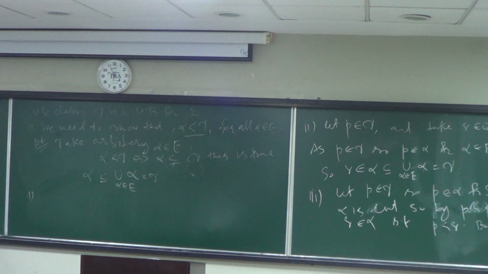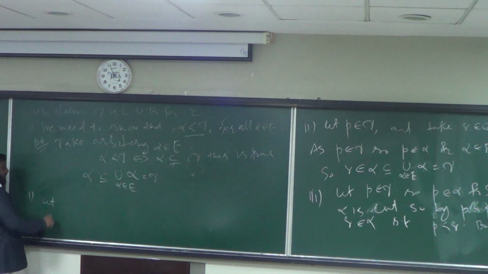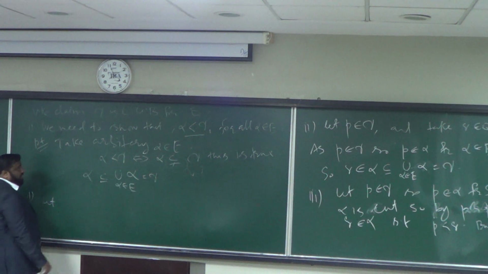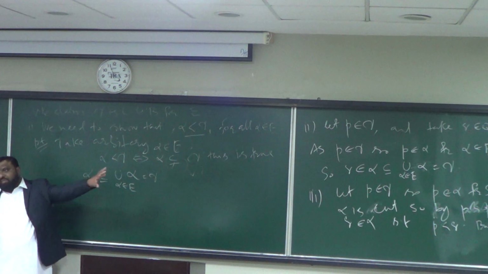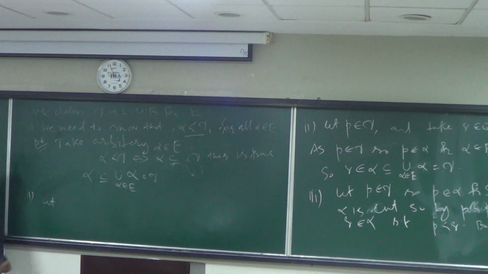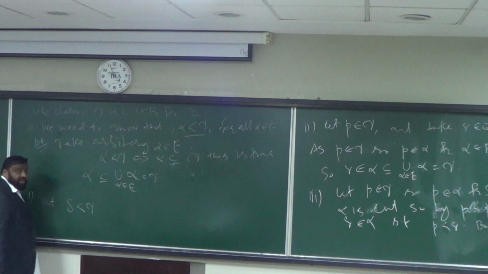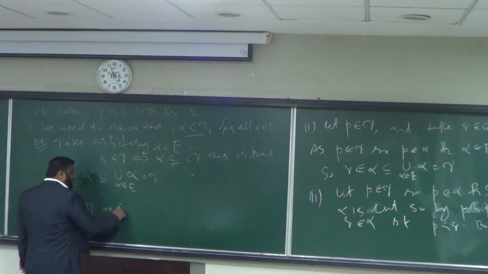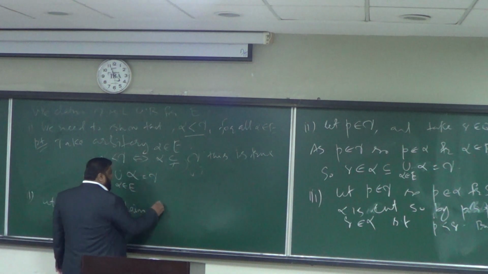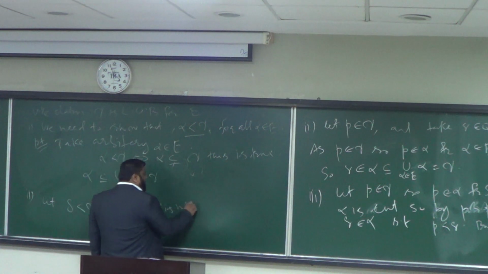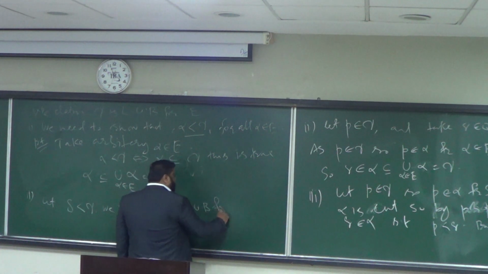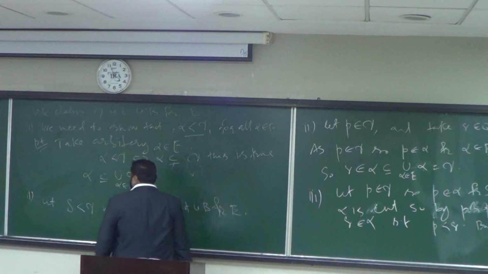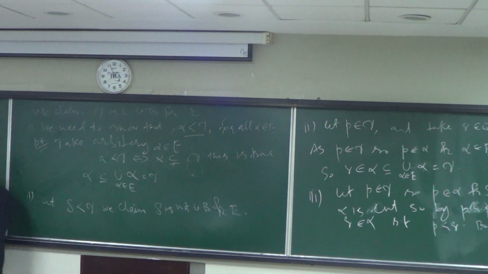So for the second property we need to say, let's take some beta, but we have reserved beta for upper bound, so let's take a delta, and it's smaller than gamma. We claim that delta is not an upper bound for E. Why should this be the case?